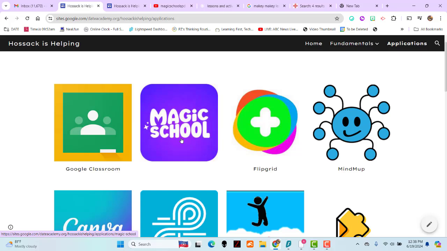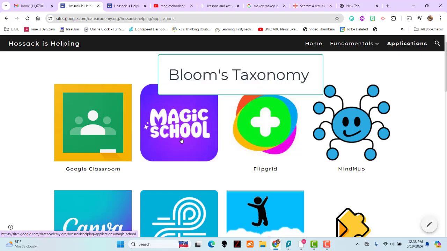You can always put different levels of Bloom's taxonomy into your search criteria to make sure you're giving students various levels of Bloom's taxonomy and always trying to push them up to the top.